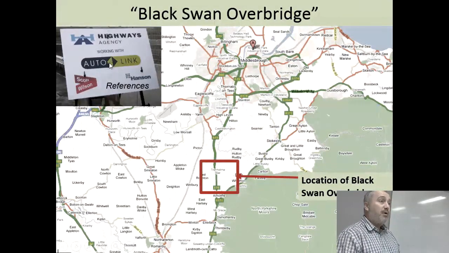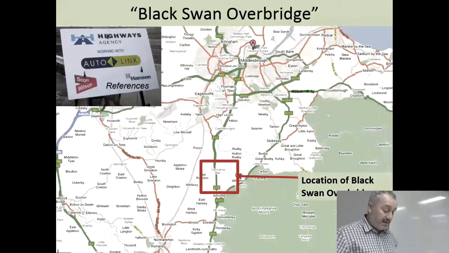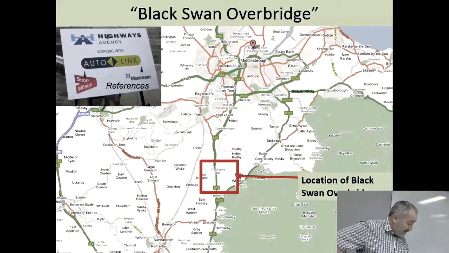Autolink look after all of the highways between the Tyne Tunnel and Dishforth, and had around £46 million to do the Norton Parkway improvement scheme, all that parkway.